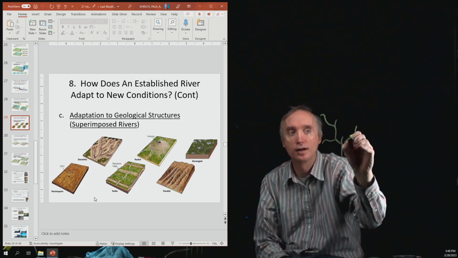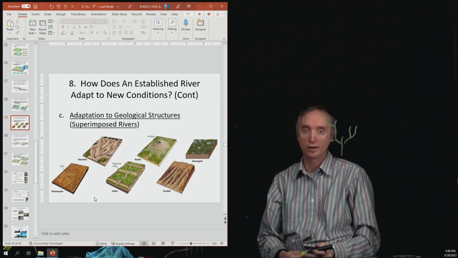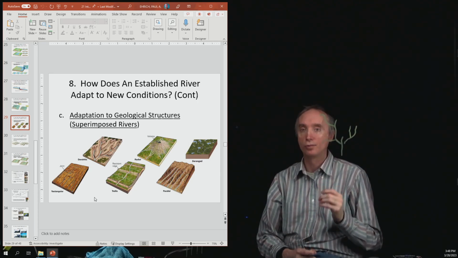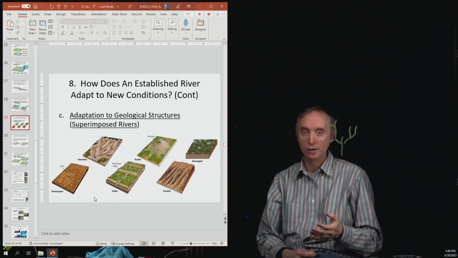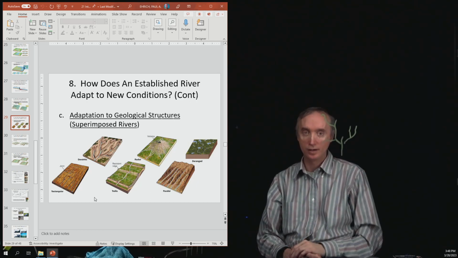So it's going to look like the veins of a leaf. That's called a dendritic pattern. Again, this just illustrates that the river is going through a material that's very uniform, and this is the pattern that you get.